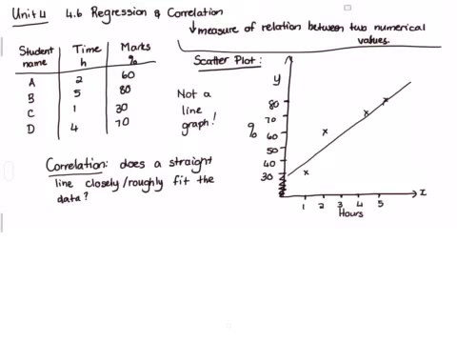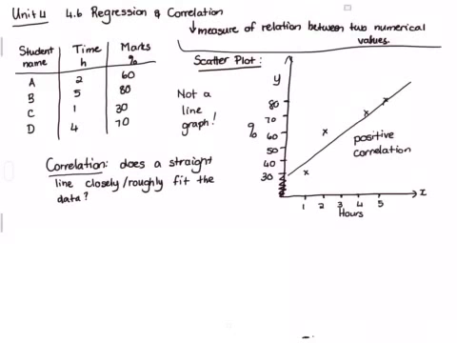So even though I don't know the numbers yet, I do know that this one is a positive correlation because it's increasing. And what that tells me is if I study harder, I do seem to be able to expect a better exam mark. I do get more marks, right?